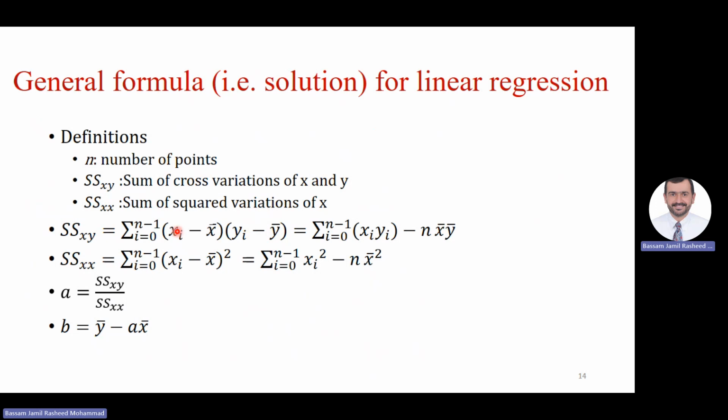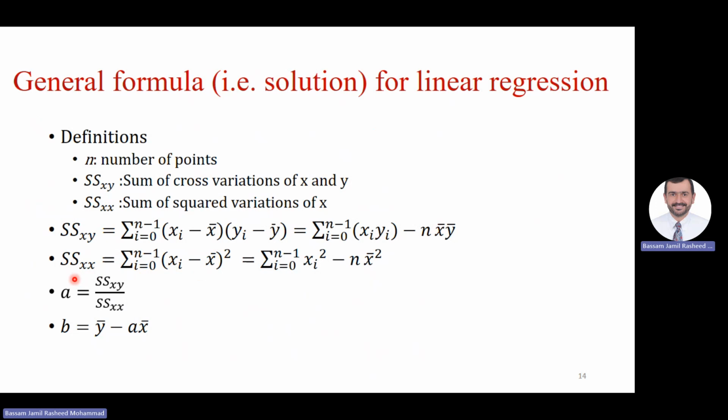This is basically standardization of the data. Then you multiply the x coordinate with the y coordinate for every point, and sum it. There is a much simpler form, where you sum the products of the x and y coordinates minus n, the number of points, times the average of x times the average of y. We will compute those in a second, but just bear with me.